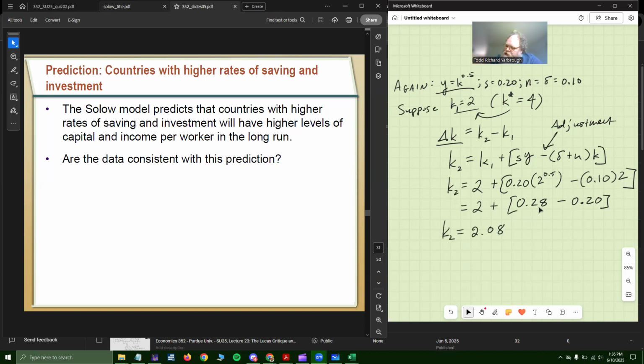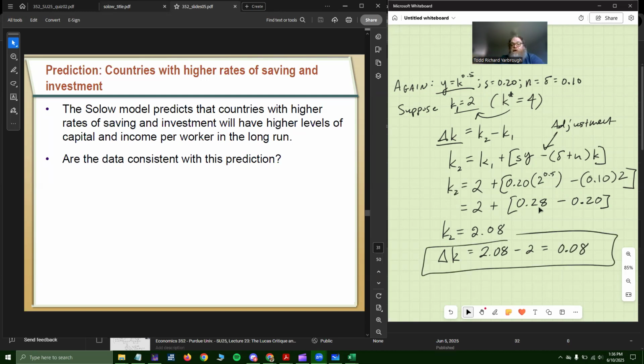So as we can see, the change in capital per worker is just 2.08 minus 2 equals 0.08. And so what this means is that when the economy went from time period 1 to time period 2, it added 0.08 of a unit of capital, I guess is the way that you want to think about that.